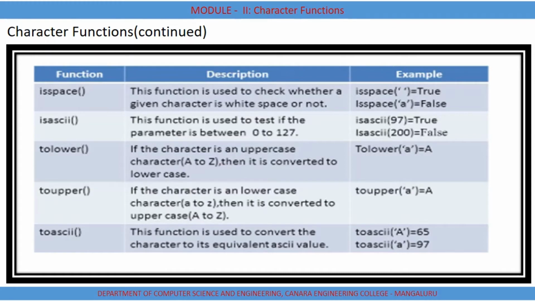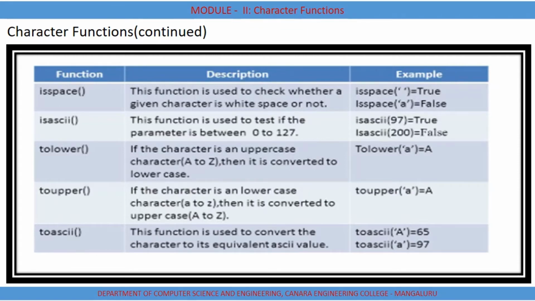That is, if the parameter is between 0 and 127, then it is an ASCII code. You can see here isascii of 97 is true because it's an ASCII value. If you give isascii of 200, then it returns false. So ASCII code is from 0 to 127.